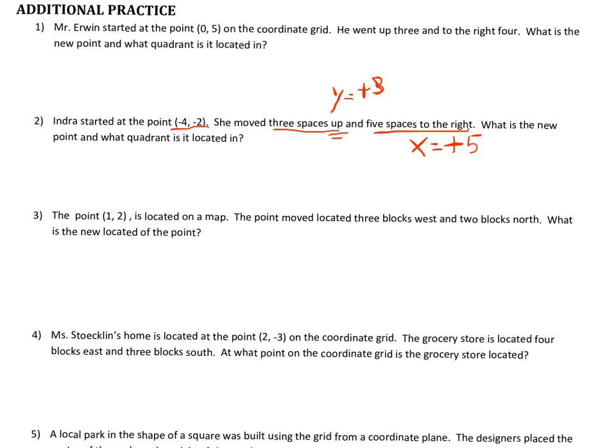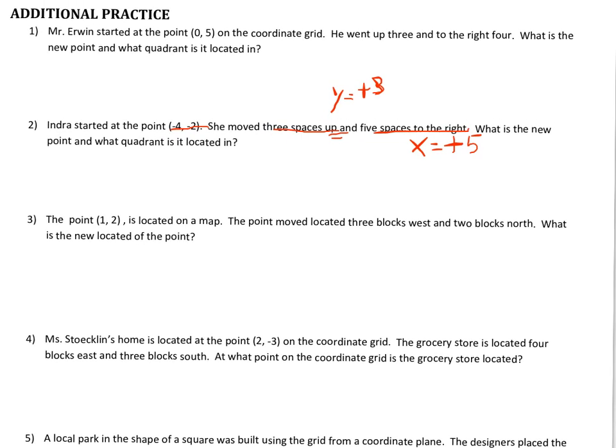So, here's how I do this one. I have to go back and look at this ordered pair. I started at -4, -2. Now, this is my x, this is my y. My x changed by going a +5.